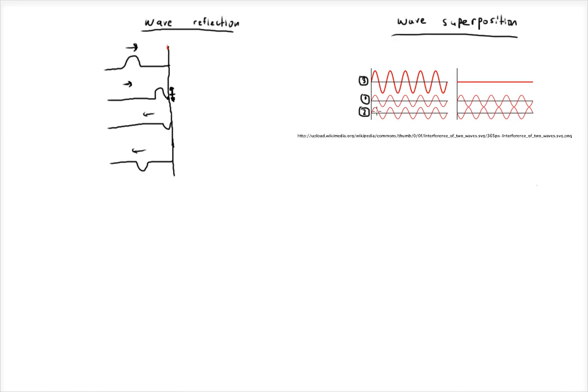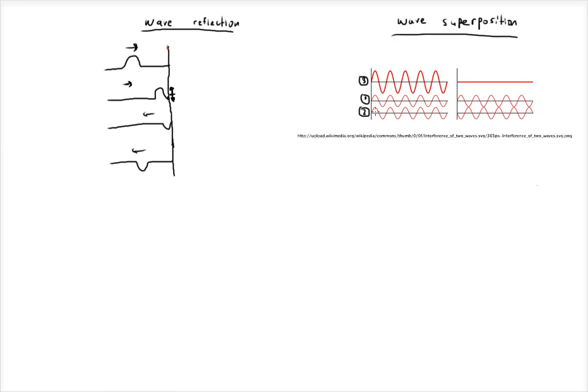And I say net because what happens is these smaller waves that make up the bigger wave can be added together. And so see that the amplitude represents the displacement, right? It's the displacement of the medium.